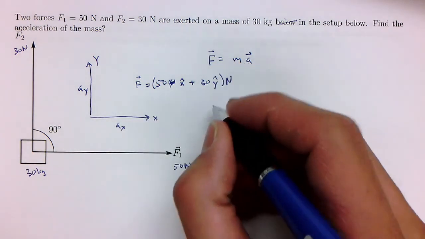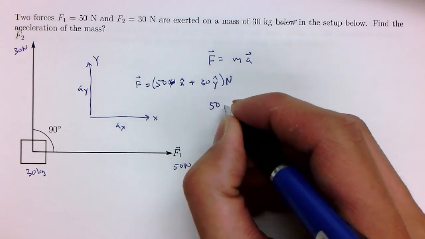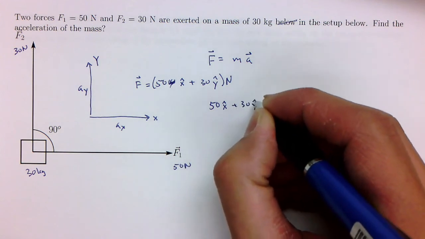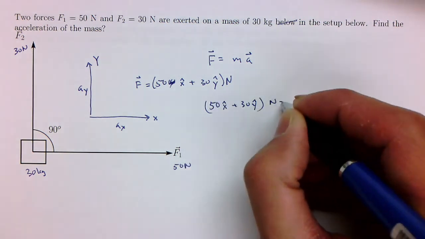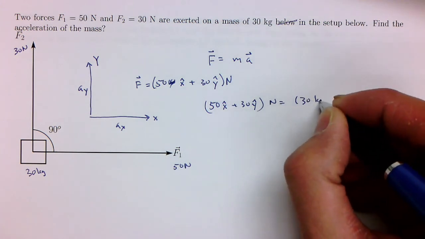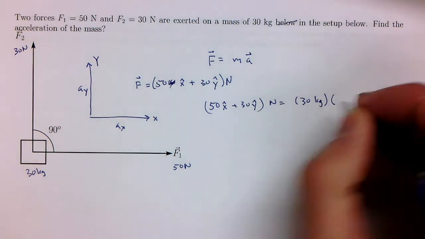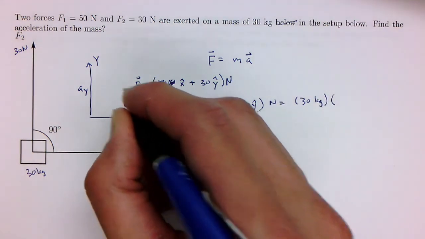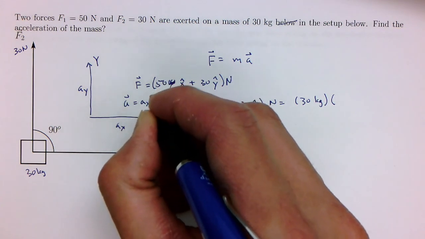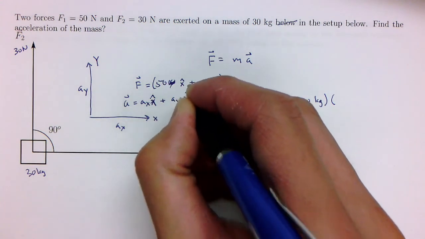So let's write down the force. This is going to be 50 x hat plus 30 y hat newtons, which is equal to the mass, which is 30 kilograms, times the acceleration, which is something I don't know yet. So acceleration is going to be ax along the x hat direction plus ay along the y hat direction.